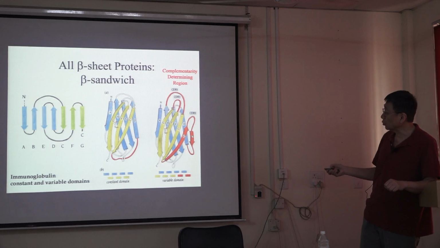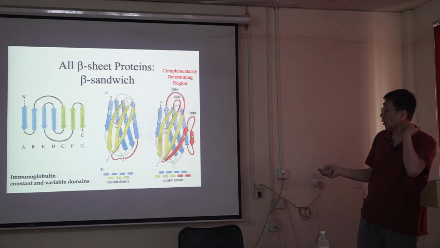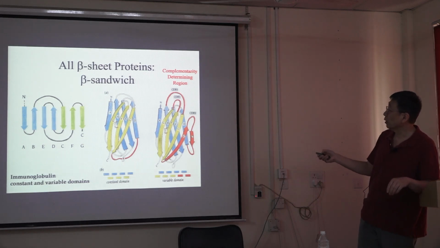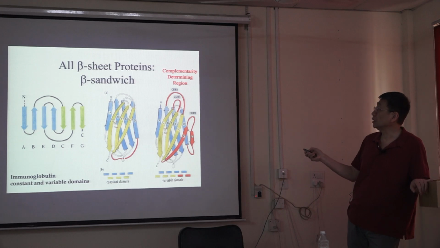The two extra strands are in the front, C prime and C double prime. So the front sheet now has 5 strands. But more importantly, the 3 loops on this end of this fold are hypervariable. They are so-called CDRs, complementarity determining regions.